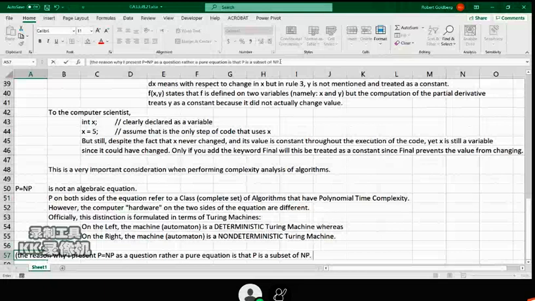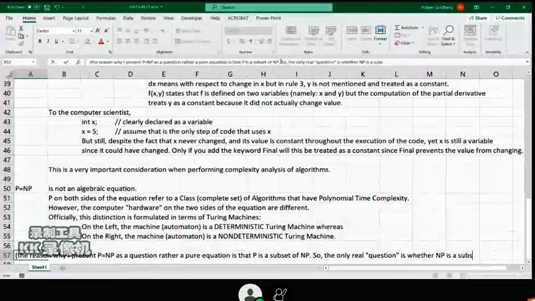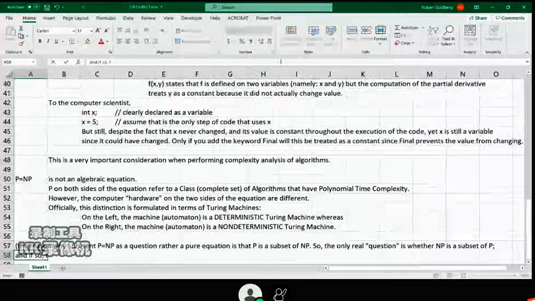So when you say, are they the same, half of it we know, and half of it is yes. In other words, P is automatically in NP. The issue is NP in P, the other direction. So the only real question is whether NP is a subset of P. And if so, then P equals NP.